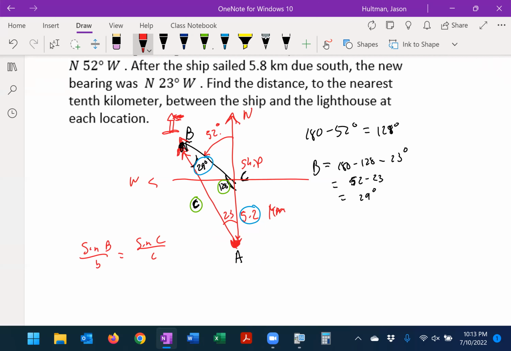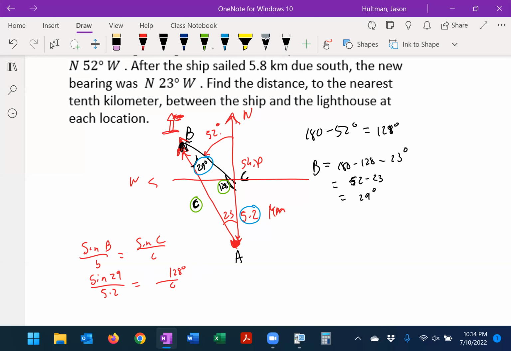So this is going to be the sine of 29 over 5.2 is equal to the sine of 128 over C. So what I can do is multiply, or I could divide both sides by... no, that's not going to work.